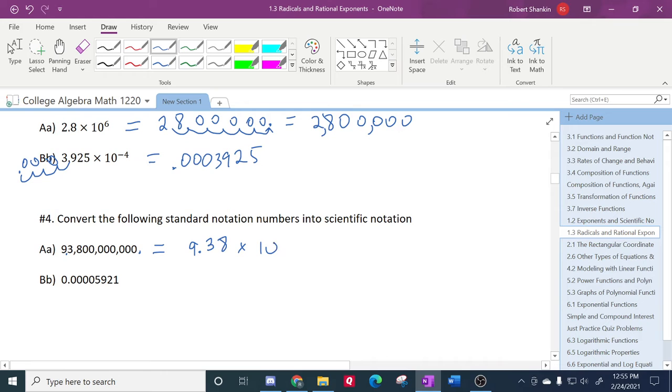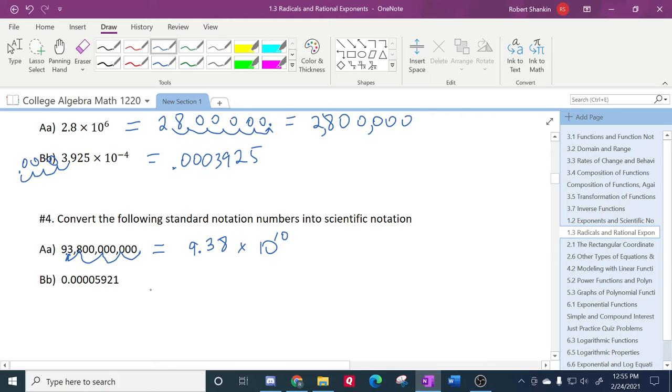Times 10. Now we just got to figure out what power. And there's 3, 6, 9, 10 places I would move. And I always guess a positive number, and then I check my work and say, does it make sense that if I move this to the right 10 places, I'd get this? Yes, so that's my answer.